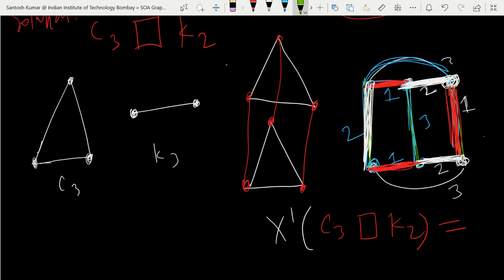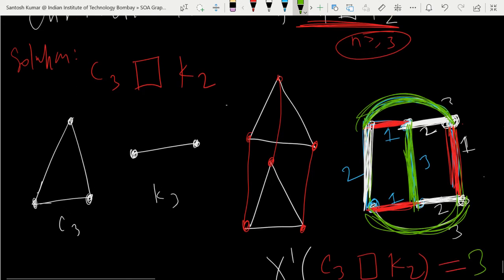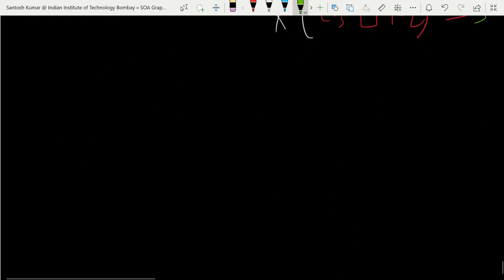Okay, and color 3 we can take something new. So this is color 3, and this one. Okay. Yeah, so it is 3. So for C3 Cartesian product with K2 it is 3.